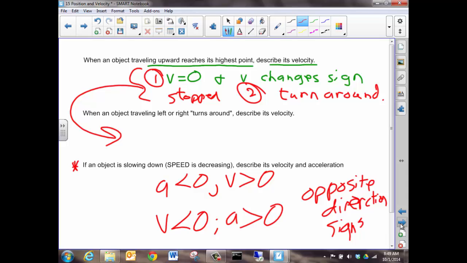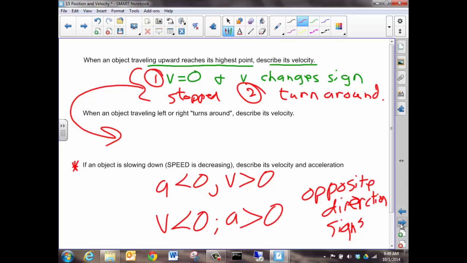What if the velocity is negative and the acceleration is negative? Still speeding up. I'm just going backwards faster. Does that make sense with your car? If you're backing up and you press the accelerator to accelerate faster, what's going to happen? You're going to go faster backwards.